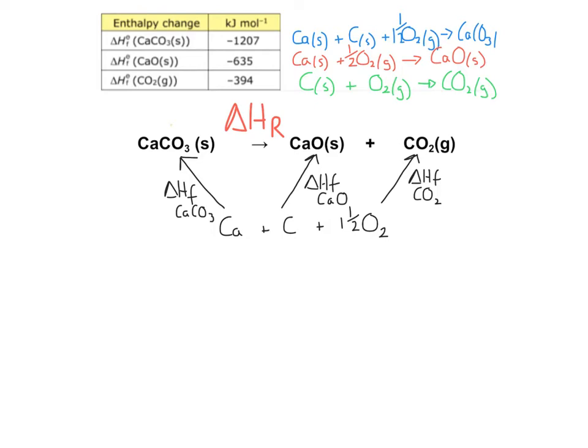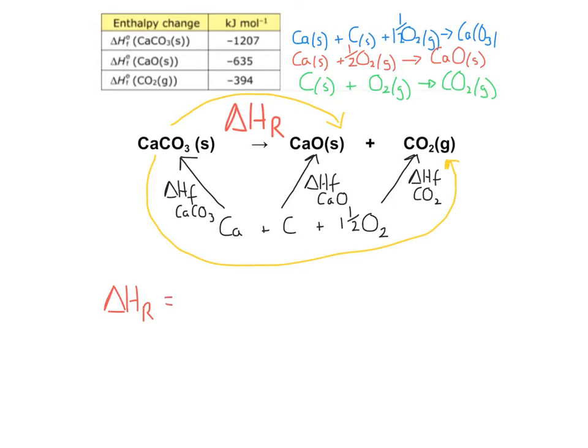Now there is our direct route from calcium carbonate to calcium oxide and carbon dioxide, and here is our indirect route. Now Hess's law states that our direct route will be equal to the sum of our indirect routes. So delta HR is going to be equal to.